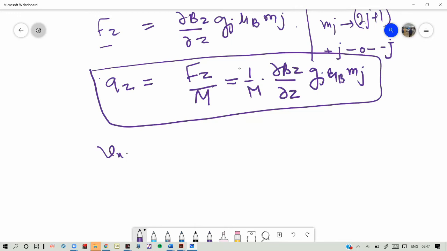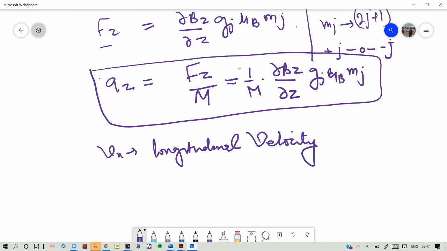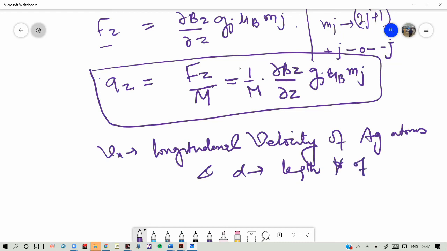Let Vx be the longitudinal velocity of the silver atoms, and d the length of the path traveled along the x-axis in the magnetic field.